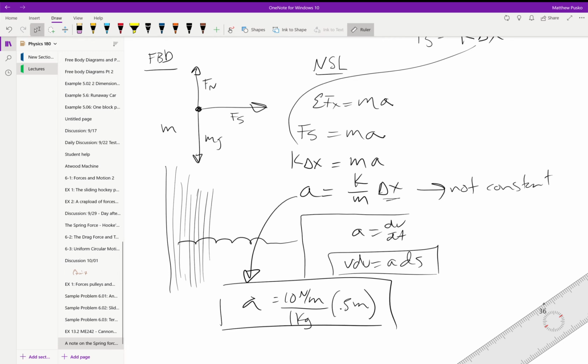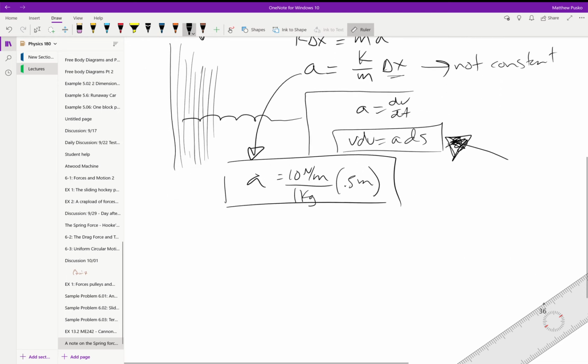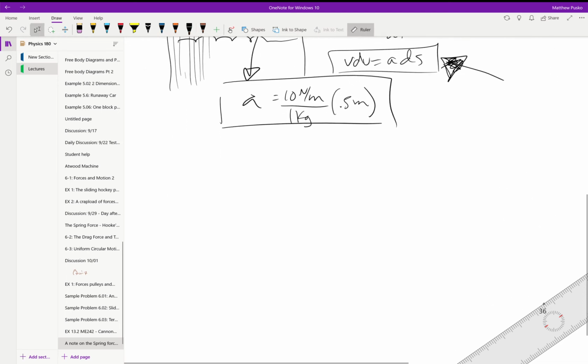We would have to come up with our own kinematic equation from this. So you can't use constant acceleration equations. The type of problems that we will be solving, though, have spring forces added in, and they just add just like any other force.